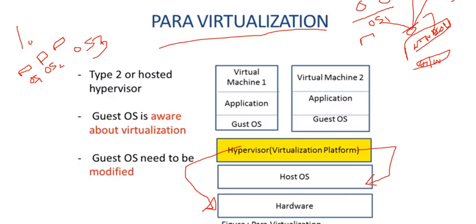So we can see that in this particular case, the hypervisor is running on the host operating system. So this is called the type 2 hosted hypervisor. Type 1 was as we saw in full virtualization, where the hypervisor was directly installed on the hardware, but in type 2, the hosted hypervisors are installed on the host operating system, and the guest OS is aware of virtualization.